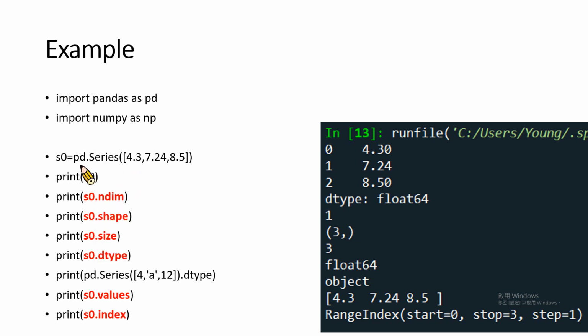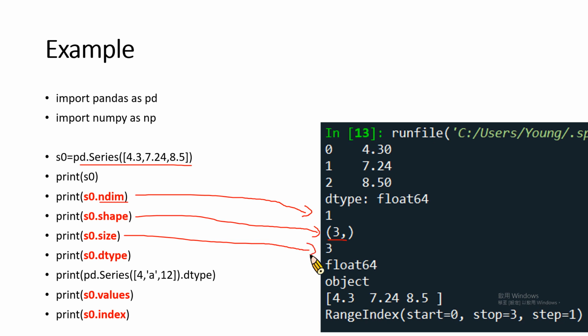So this is easy now. S0 is the series, and you print out the dimension. Then you will get 1 because it's only one dimension. And shape: you have three elements in the series, so you just have 3. Size, the number of elements, is 3. Data type: because these values are all float numbers, this will be float.